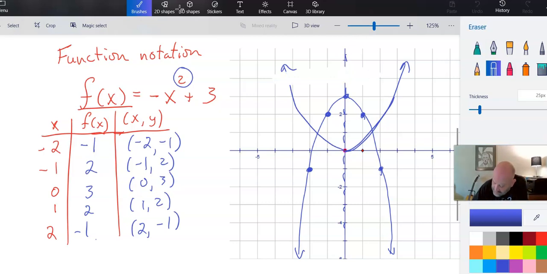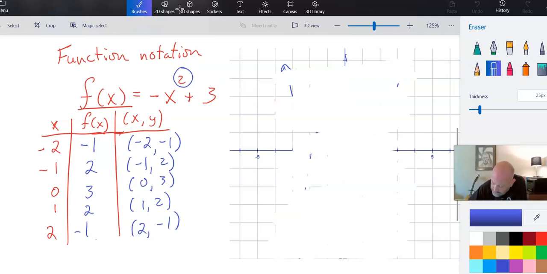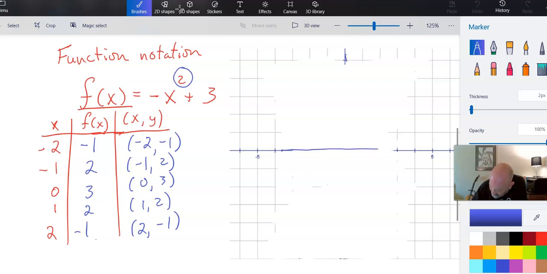But let's see, oh, I'm erasing the entire graph. Well, that's okay. It actually turns out that, well, we're gonna try this. I'm gonna see if I can connect this line. There. That's actually not too bad.